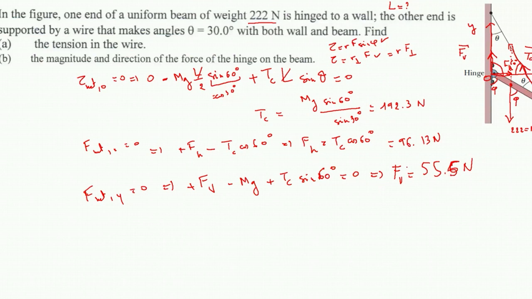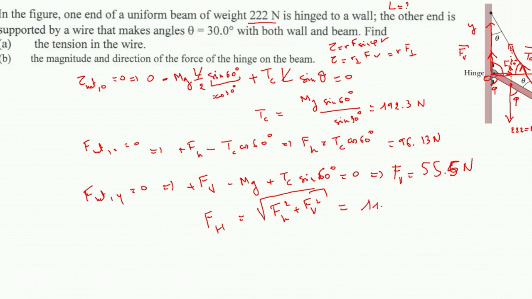Now knowing F horizontal and F vertical, I can get the magnitude of the force of the hinge on the beam. The force of the hinge has two components, so it is the square root of F horizontal squared plus F vertical squared.